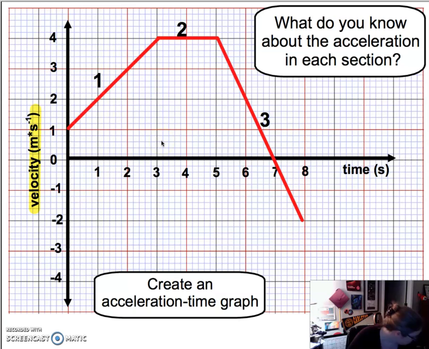Mine is a little bit larger than yours, but they're pretty much the same. And I want to think about, how do I know what the acceleration is in each section? Like, how could I find that? Considering the idea that acceleration is looking at the change in velocity. So take a moment, think about that.